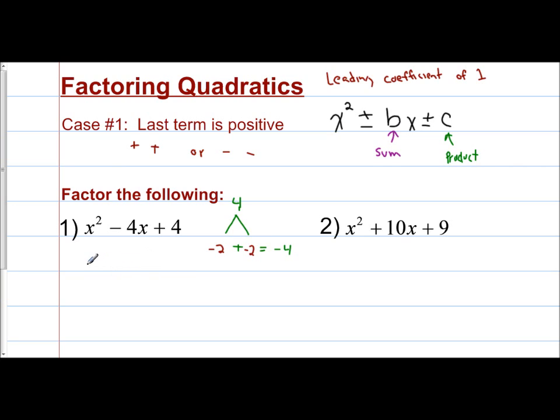And so to create the factors, you can break it down as in, how do you get x squared? And that's x times x. Your factors are minus 2, so you get x minus 2, x minus 2. And so the factor of x squared minus 4x plus 4 is x minus 2 times x minus 2, which if you notice, by the way, both of these are the exact same parentheses.